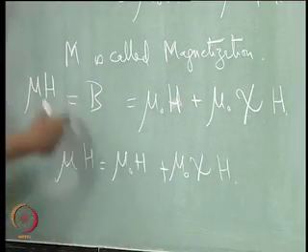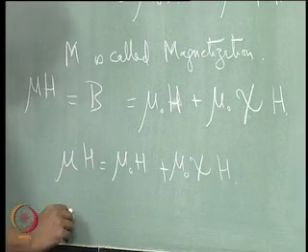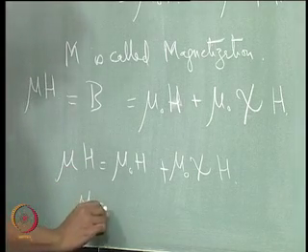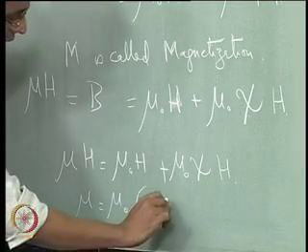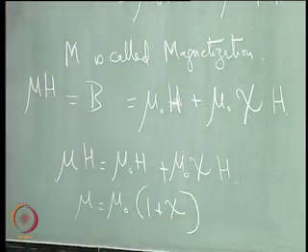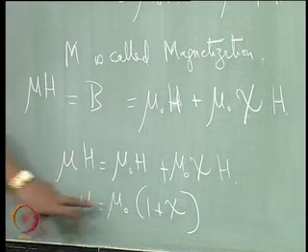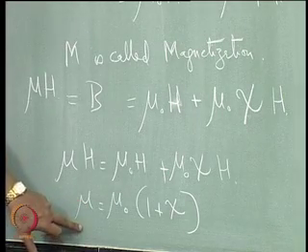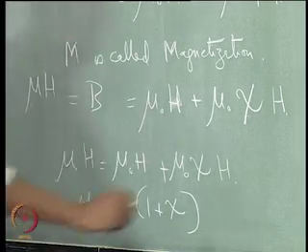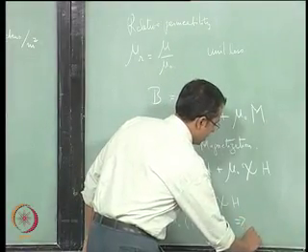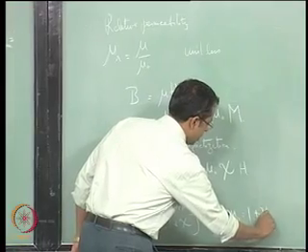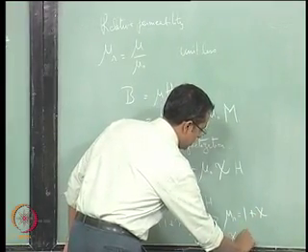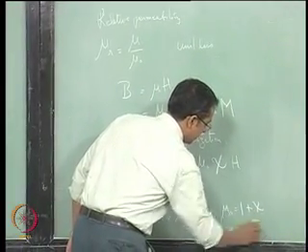If we remove H, we simply have mu equals mu naught times (1 plus chi). And mu by mu naught is the relative permeability, that is how we have defined it, which implies mu r equals 1 plus chi, or chi equals mu r minus 1.